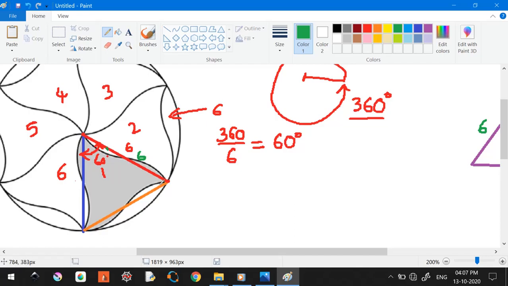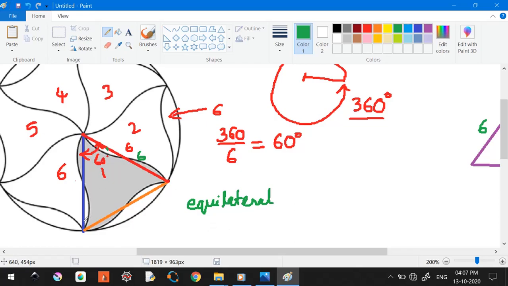Let us say we don't know about this third side. Basically, with 60 degrees and since the lengths of these two sides are equal, this is going to be something called an equilateral triangle. Equilateral means all the sides are equal and all the angles are equal.